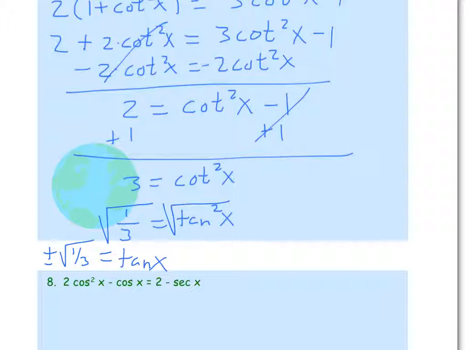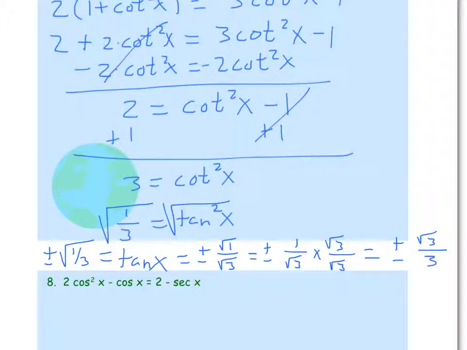Okay, now I haven't fully simplified the square root of 1/3, so I should do that before I move on. So this would be plus or minus the square root of 1 over the square root of 3. And then as I rationalize this, we end up getting plus or minus square root 3 over 3.